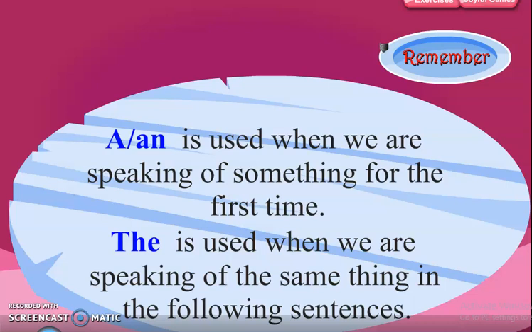And the is also used for a particular thing that is only one in the world. It means the earth, the sun, the Mahabharata, the Ganga, the Yamuna, the Ramayana. It means they are very specific and they are only one in the world.